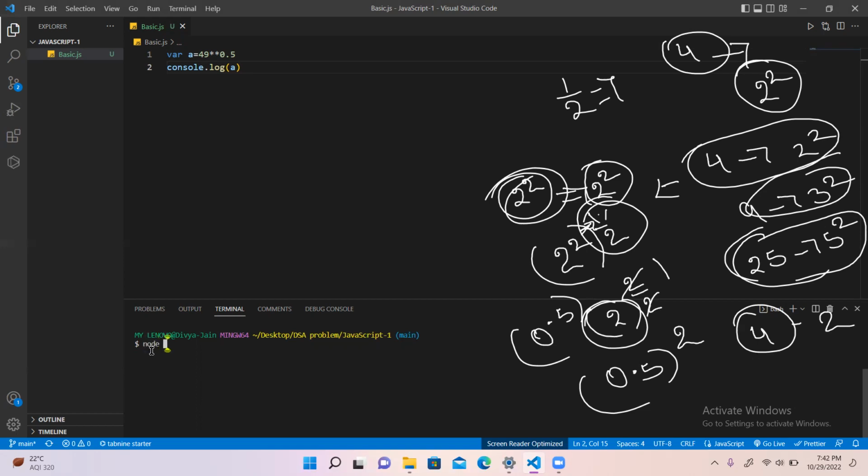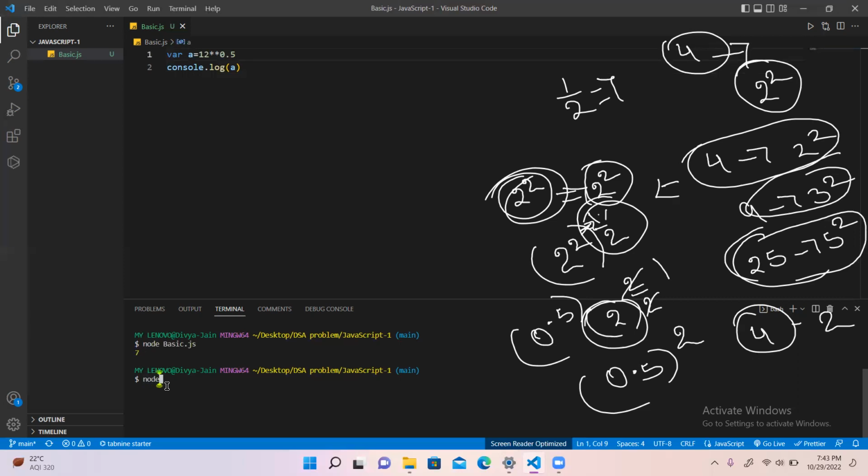So this answer is 7 because we know that 49 is the square of 7. Okay. So you can try 25 also. You can try another value like 12. What is the square root of 12?